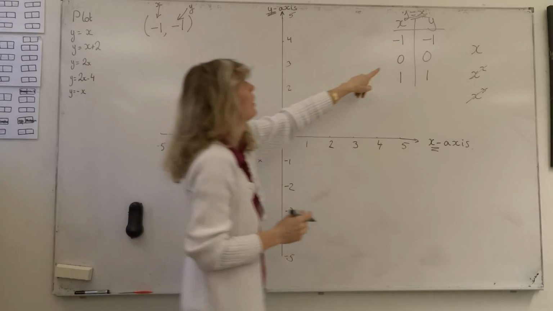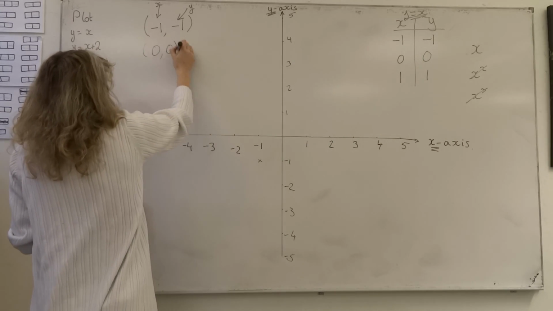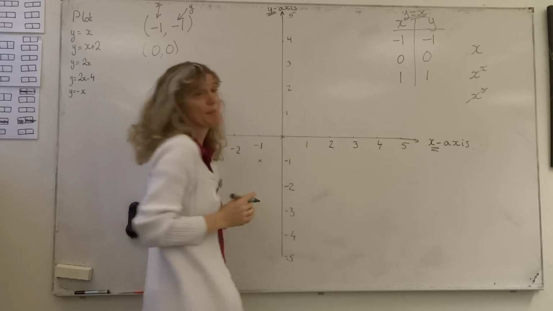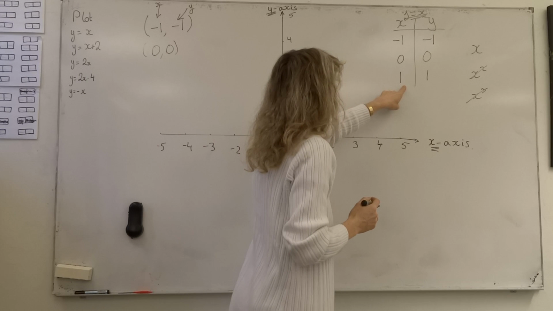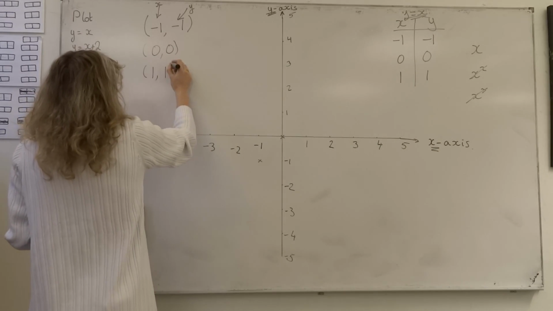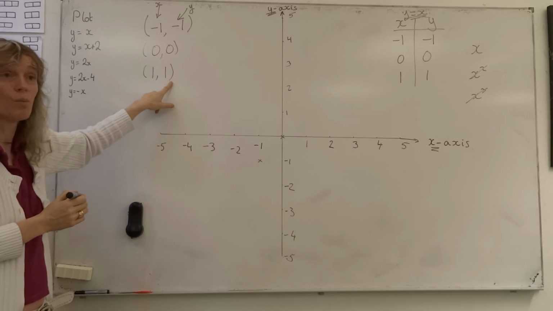Then I know that I have another coordinate, and that's 0, 0. And this one is also on my line. That one's nice and easy because it's slap bang here in the origin. And then I can plot the coordinate where x equals 1, y equals 1. That is represented like this in maths terms: the coordinate 1 in the x and 1 in the y.